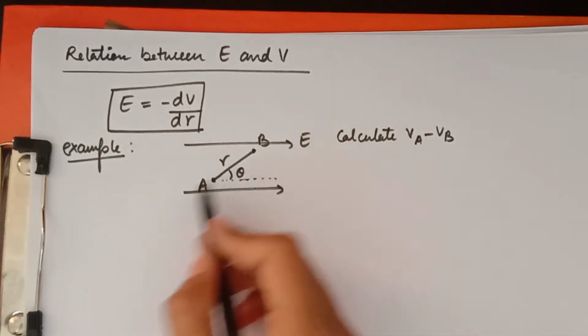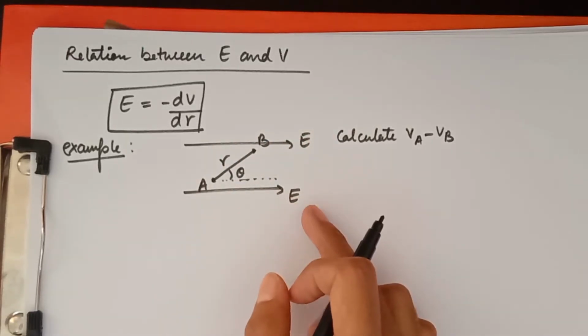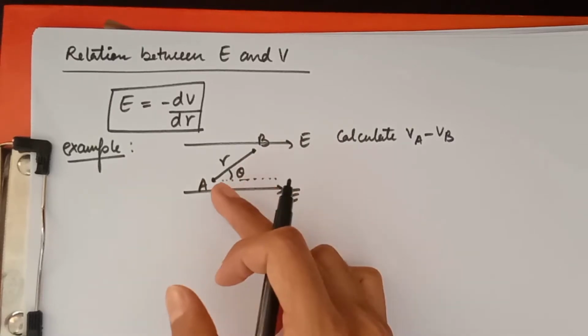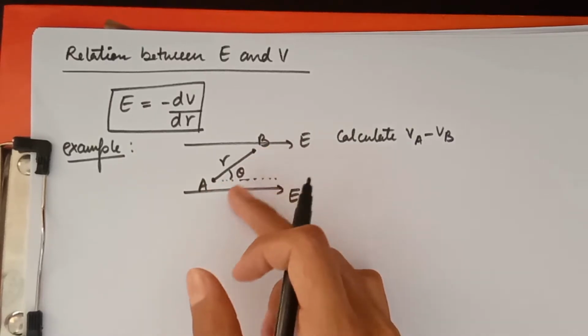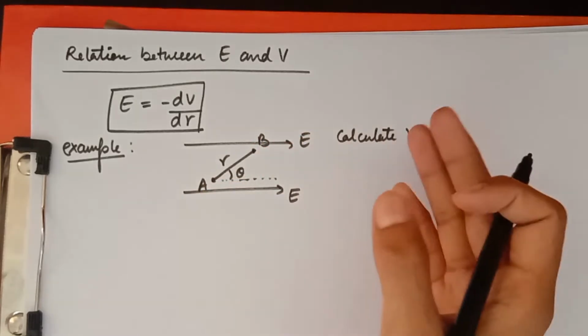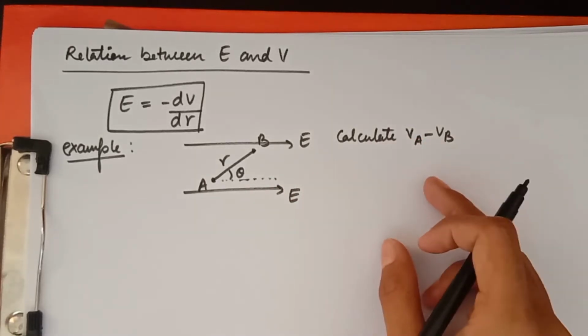Here this is a uniform electric field. Say this is the direction of the uniform electric field, and in the uniform electric field these are the 2 points A and B, where the distance between A and B is R. You can write it in your notebook what I am saying. I have not written anything here.